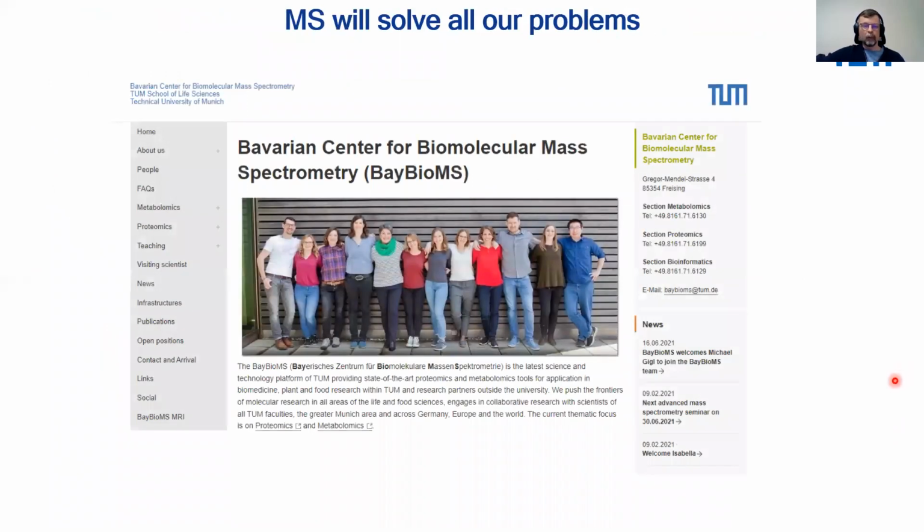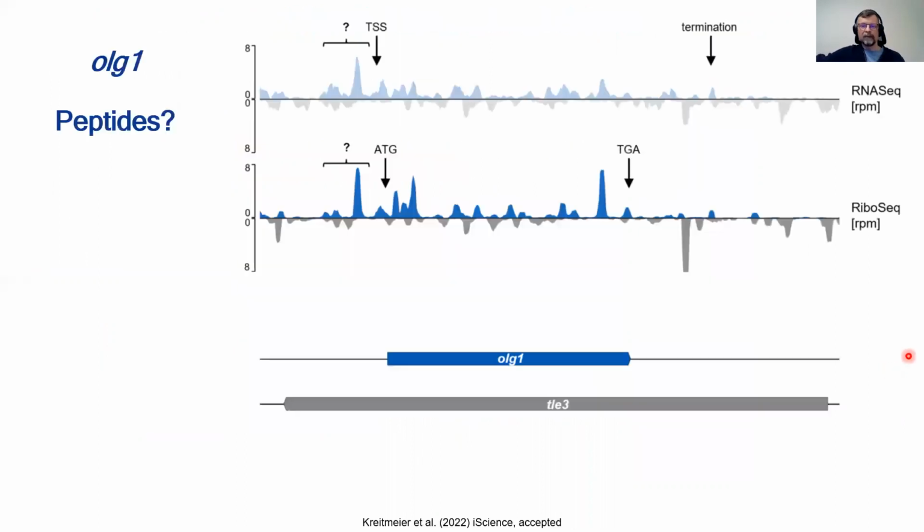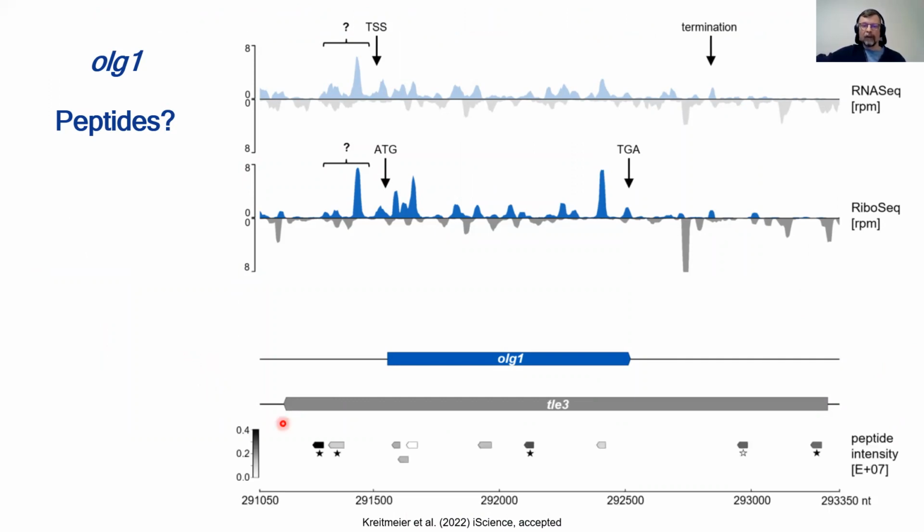Okay, so we turned to the BayBioMS, yay. And as you all would have expected, for the mother gene, the common, normal, annotated, known gene, we see there are peptides in mass spectrometry. Very good.